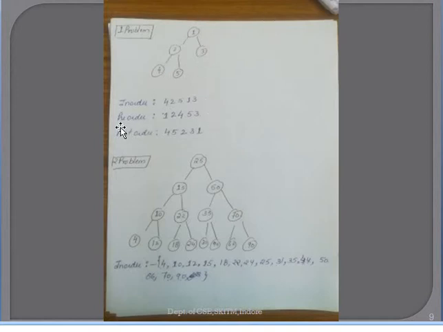If we are going for the pre-order traversal, it means first we are visiting the root node, the left child and the right child. So 1, 2, 4 and 5, after that the right child 3. In the post order, first we are visiting the left child, then right and the parent node.